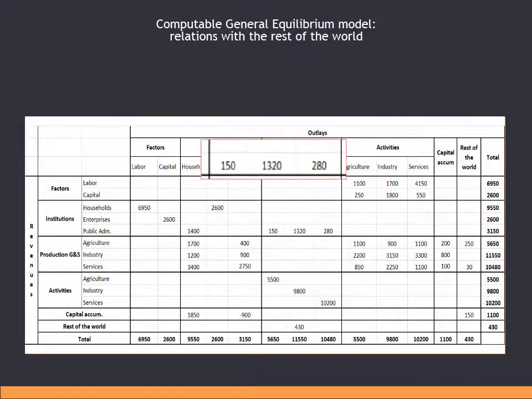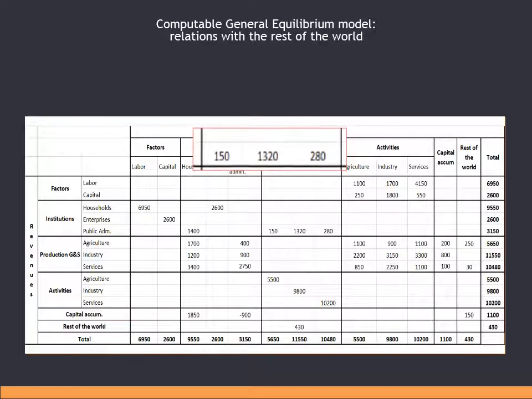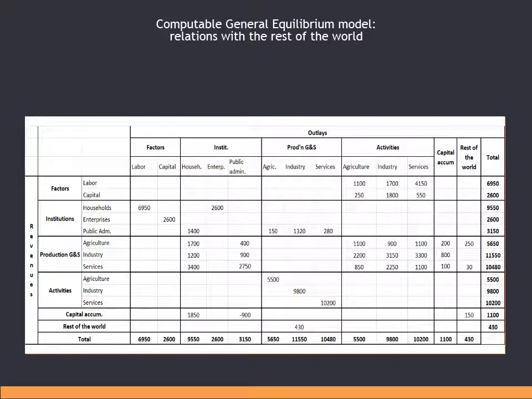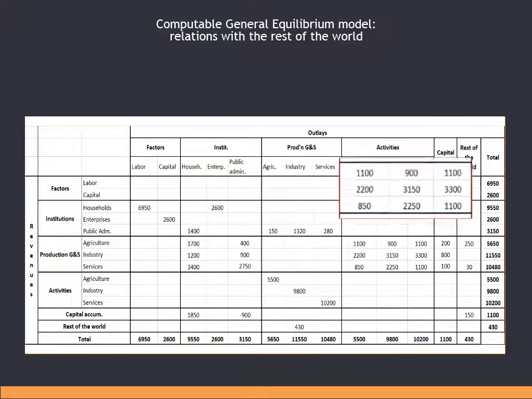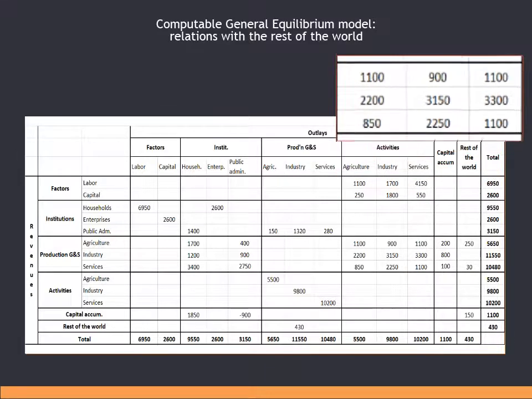There are custom revenues in the industrial sector for 300, and this is the only sector with custom revenue. Then you've got the intermediate consumption matrix of the good in row by the sector in column.